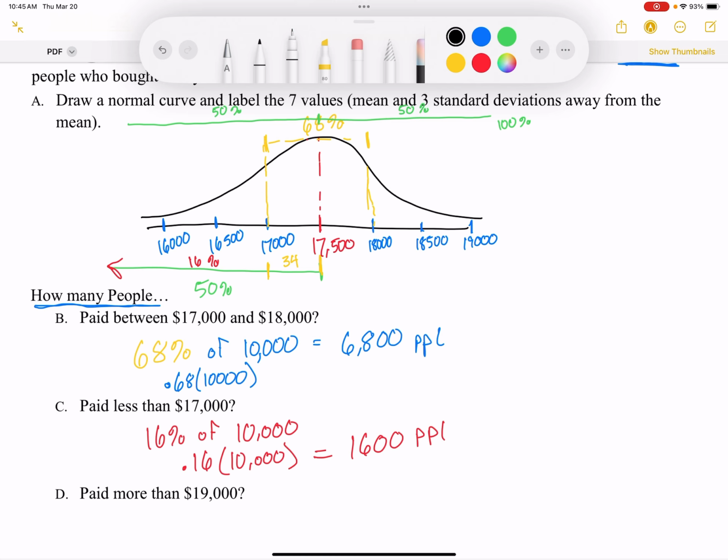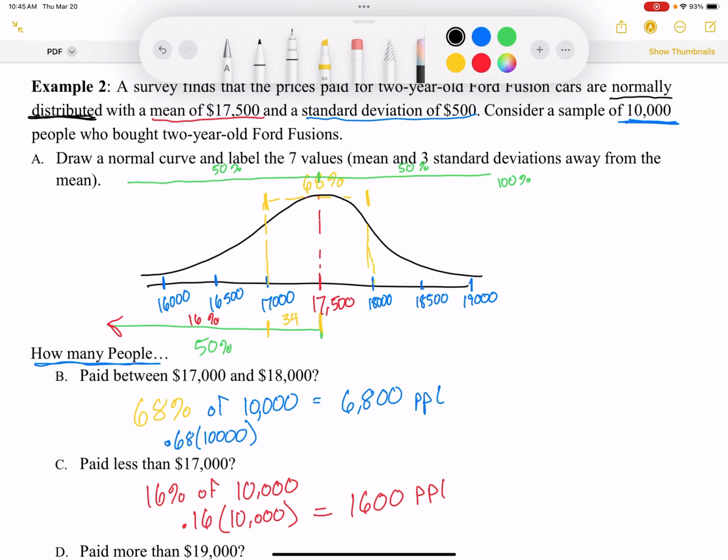All right, here's what we know. $19,000 is 1, 2, 3 standard deviations above the mean. If I go 1, 2, 3 above and 1, 2, 3 below, then this amount of data right here is 99.7%. 99.7% of the data falls within 3 standard deviations below and 3 standard deviations above the mean.